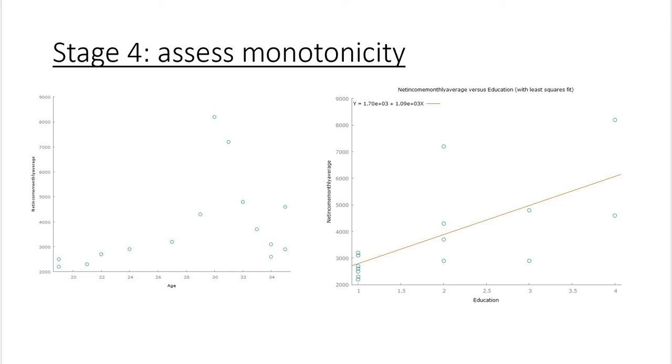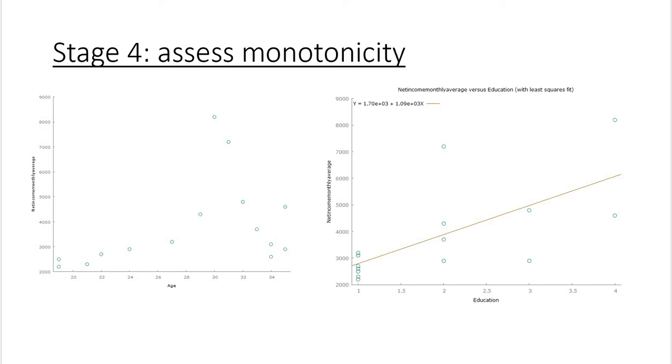So in case of education and income, the function indeed looks monotonous. So I mean, even if you look at the single observations, you can indeed see that with increase in the value of education variable, income variable increases as well. But in case of age and income, this is not true.